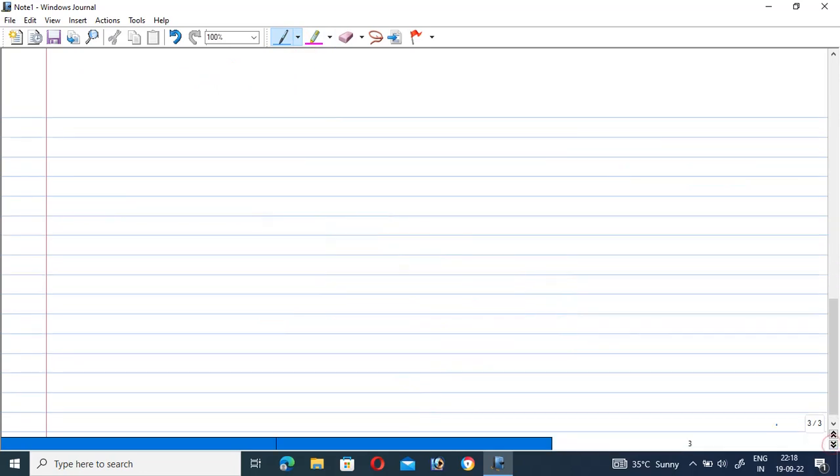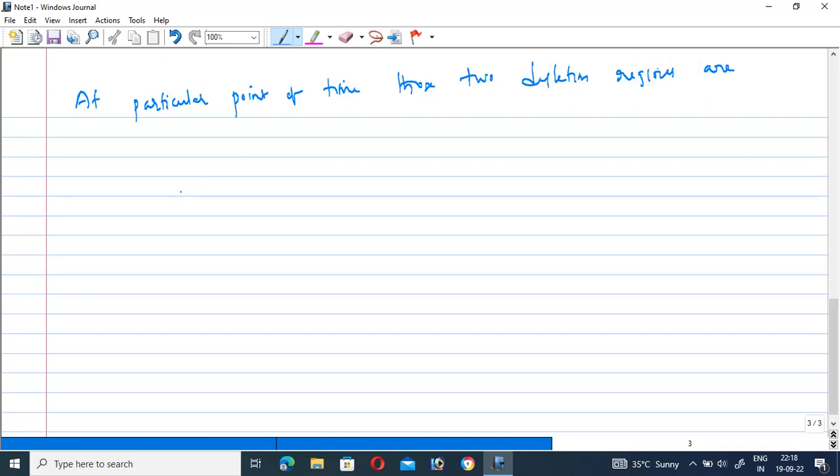those two depletion regions contact each other. Sorry, I said constant, but it is contact. Those two depletion regions are in contact.